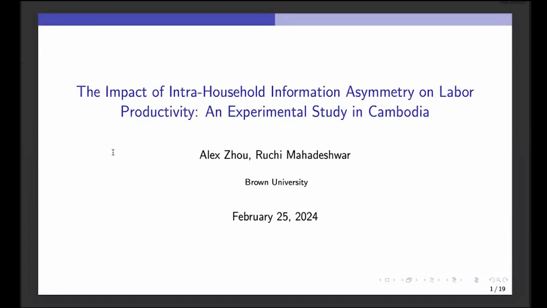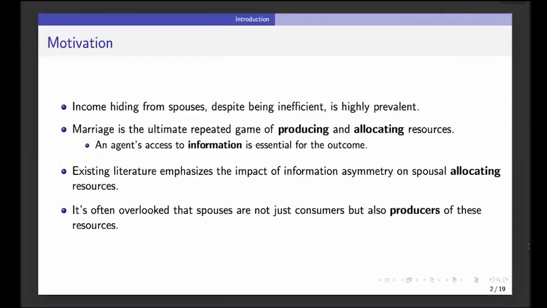Today I'll present a paper co-authored with another Brown student, and the title is Impact of Intra-Household Information Asymmetry on Labor Productivity. Income hiding from spouses has been highly prevalent around the world, and it's a practice as old as time. In economics, we often model marriage as the ultimate repeated game of producing and allocating resources, and in this game, hiding income or limiting the other agent's access to information is essential for the outcome.